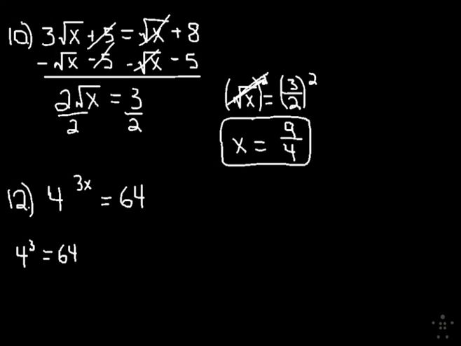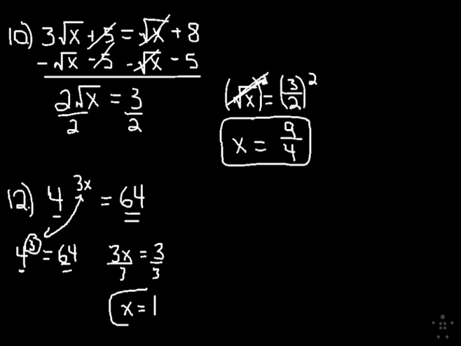So, if I already have the base of 4, and it's equal to 64, right here, then this exponent, this 3x, must equal 3. So you would say, well, then 3x must equal 3 here, and so divide by 3, and so x has got to be equal to 1. Because 3 times 1 is 3, and 4 to the third power, we know, is 64.